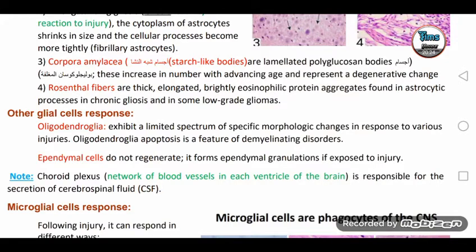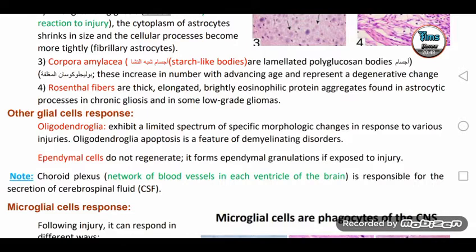And then we have the ependymal cells. The ependymal cells do not regenerate. They form ependymal granulations if exposed to injury. So the response of the ependymal cells comes in the form of ependymal granulations.